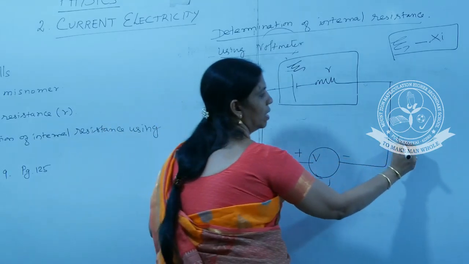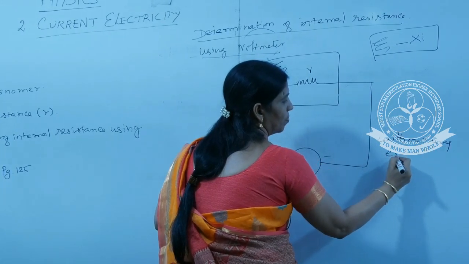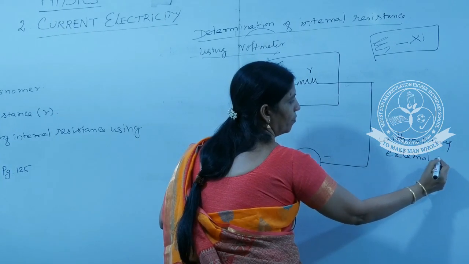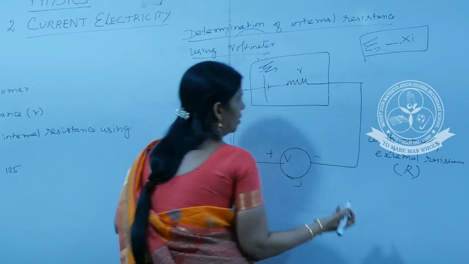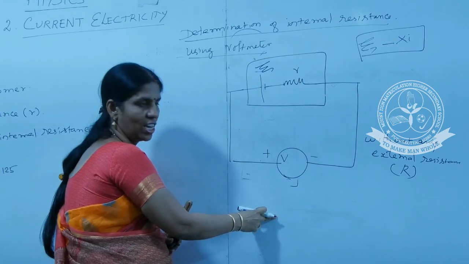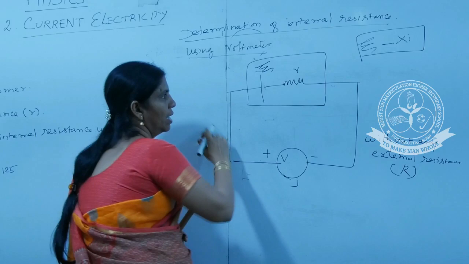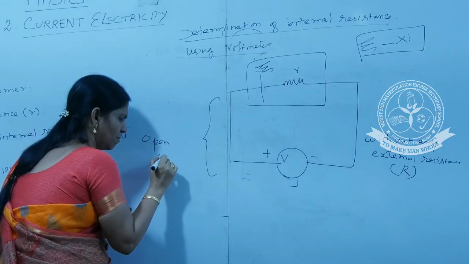Without any external resistance, when a cell is connected to a voltmeter, especially a high resistance voltmeter, this type of circuit is known as an open circuit.